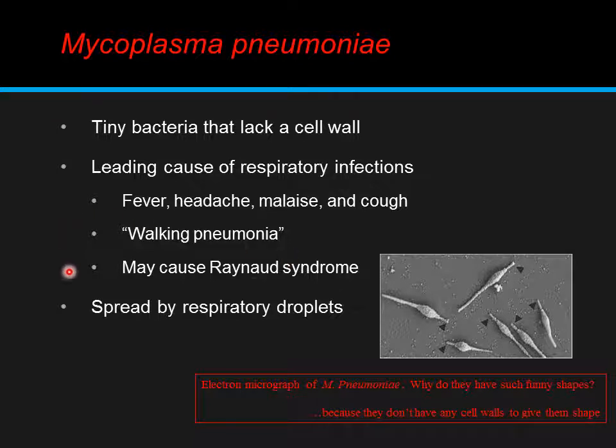Mycoplasma pneumonia is also implicated in something called Raynaud's syndrome, having to do with impaired circulation to the fingertips. Not that uncommon, where people's fingertips and sometimes their hands actually turn blue from the cold, from the lack of circulation, and that may occur on a 90-degree day in August.